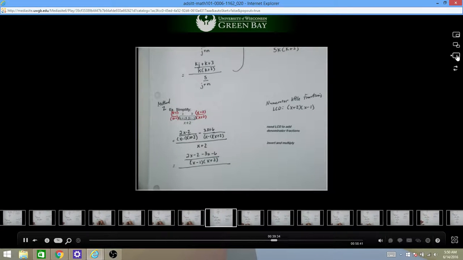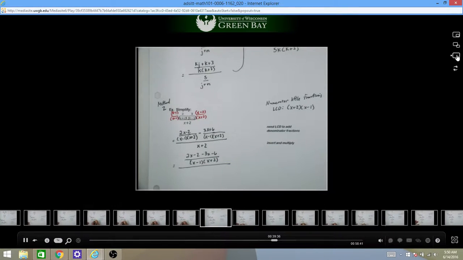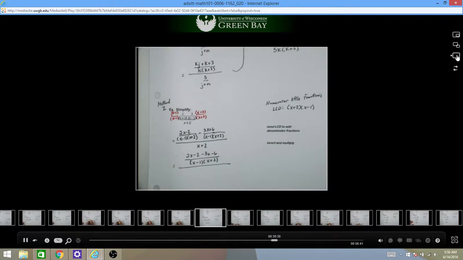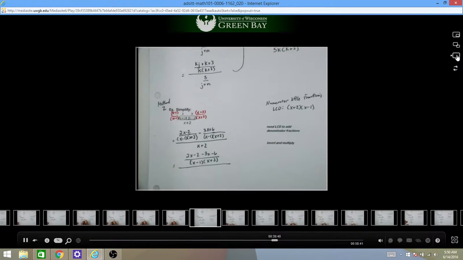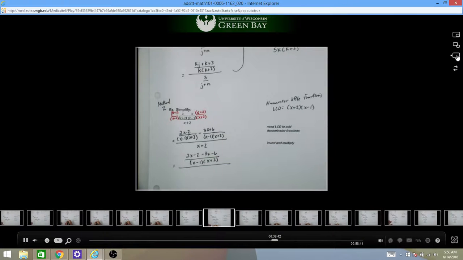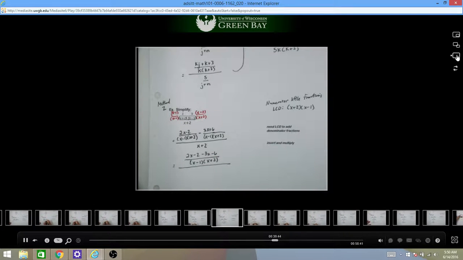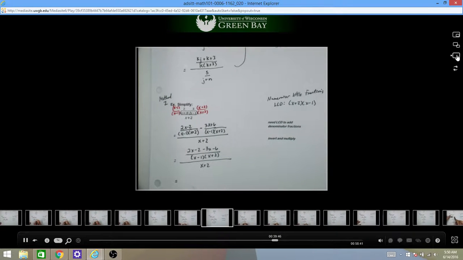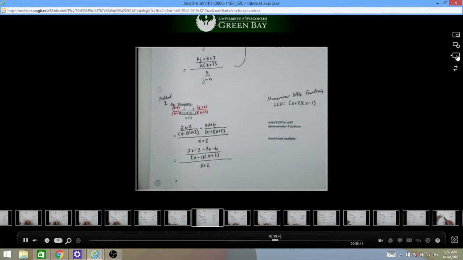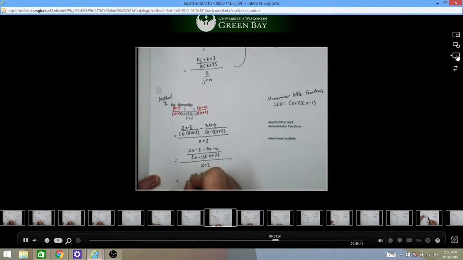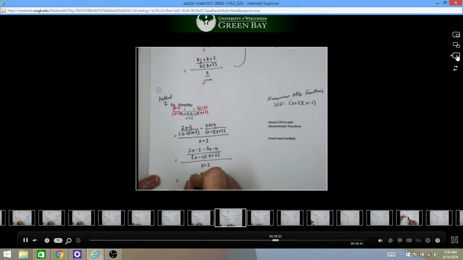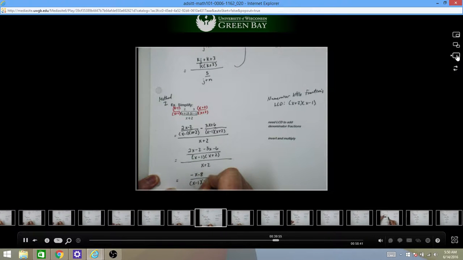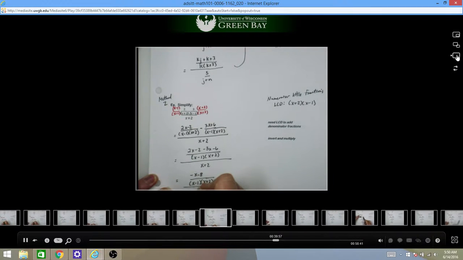So the minus sign distributes, so you have a minus 3x and a minus 6. So we have negative x minus 8 over (x minus 1) times (x plus 2), over x plus 2.